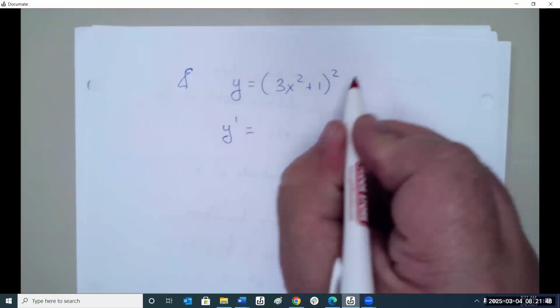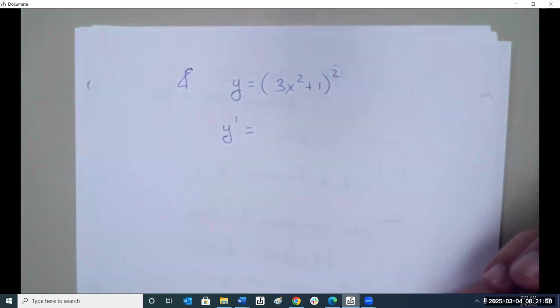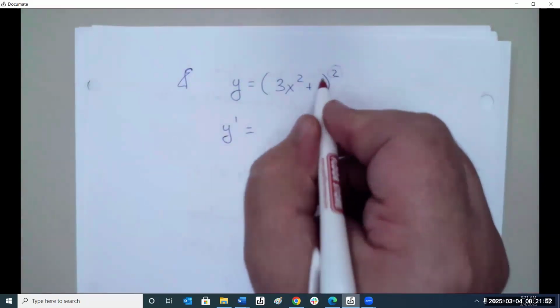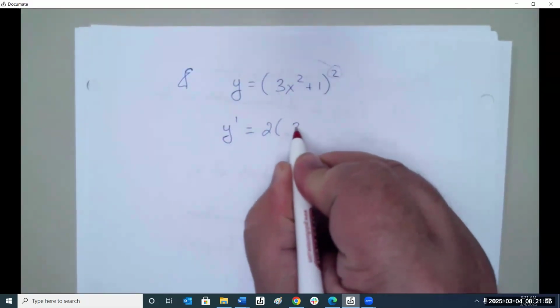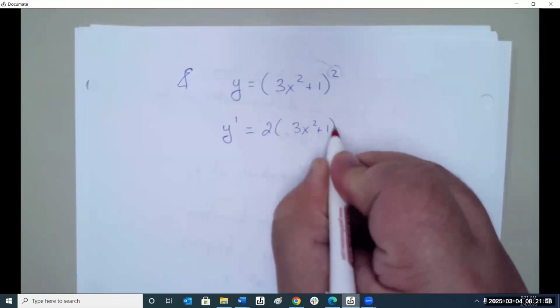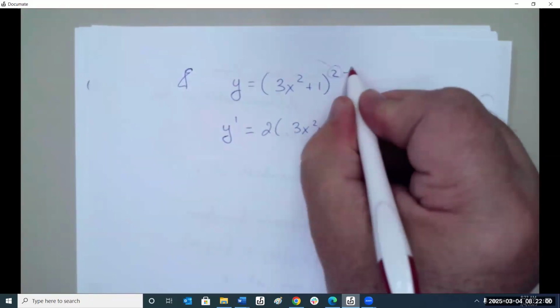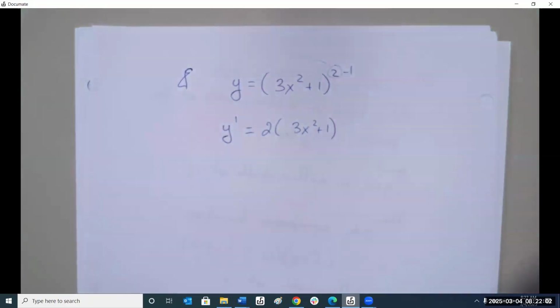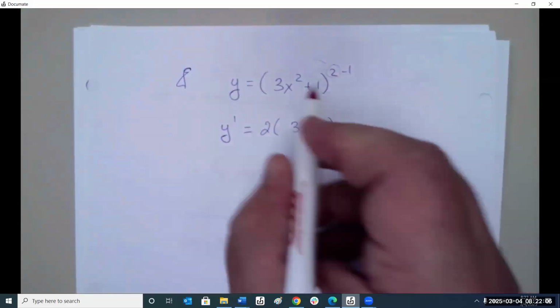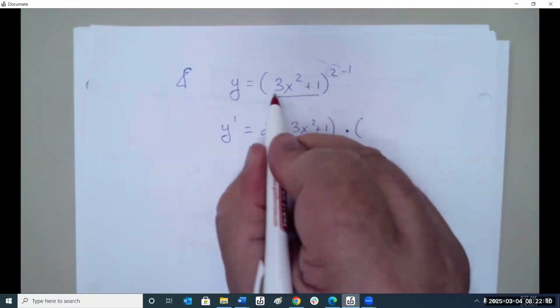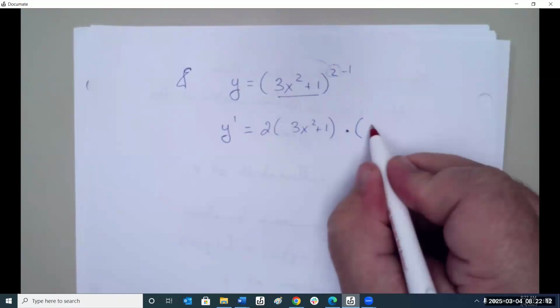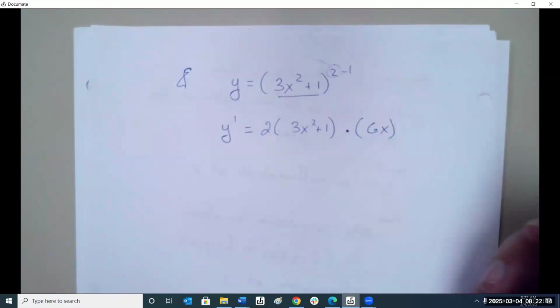The outer function here is squared. So how do you take the derivative of it? Bring the 2 to the front and subtract 1, which is just 1. That's the derivative of the outside function times the derivative of the inside function. What's the derivative of 3x squared plus 1? 6x.